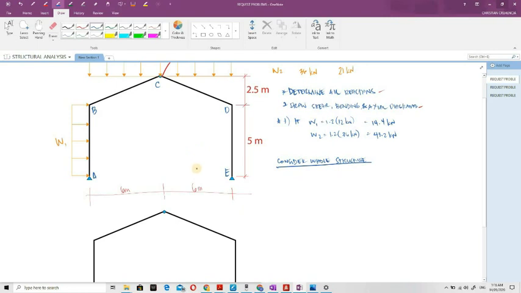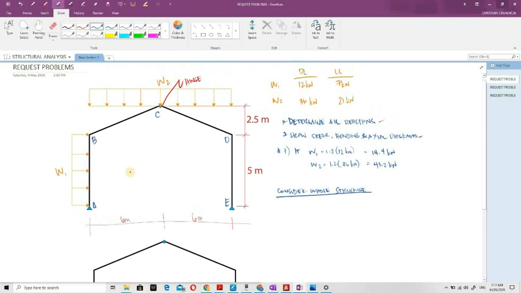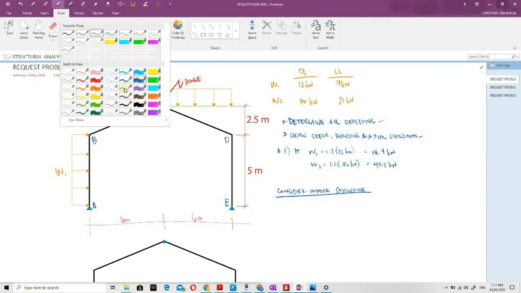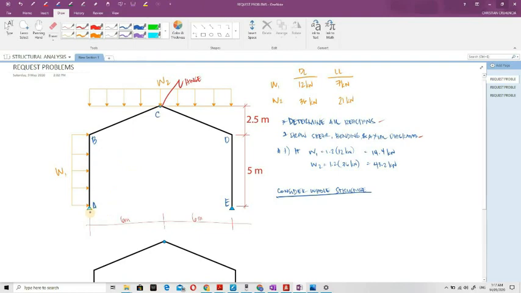But before we proceed, let's illustrate in our figure the assumed direction of the forces. Obviously, our reactions at A and E are both going upwards. So let's say this is RAY, then we have a reaction here, REY.